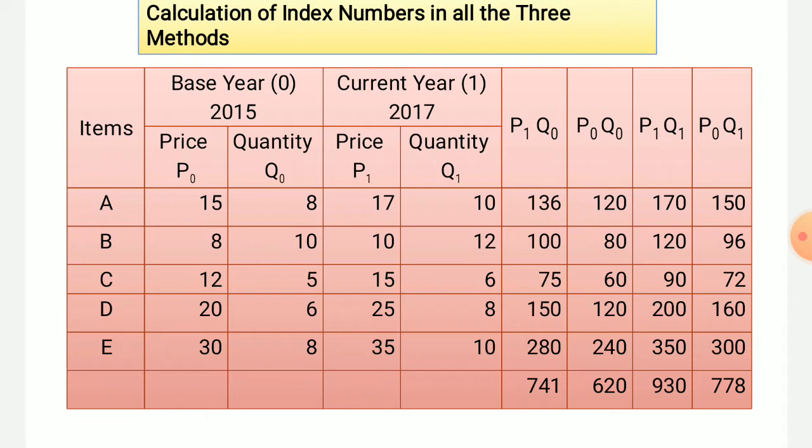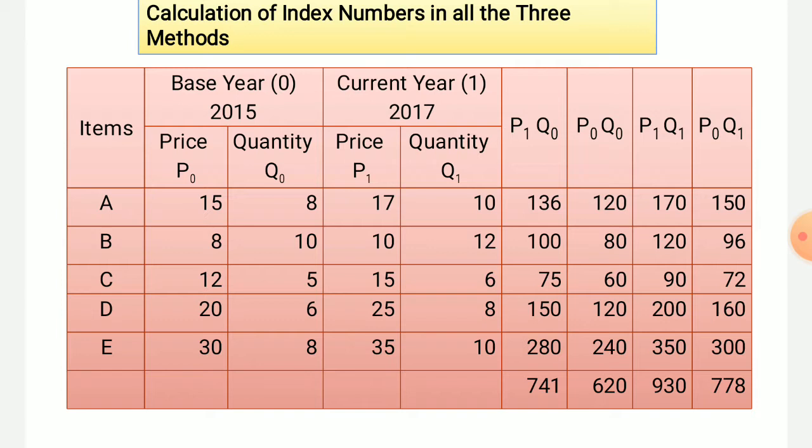Having these first four columns, we can prepare another four columns to calculate indices: P1Q0, P0Q0, P1Q1, and then P0Q1.